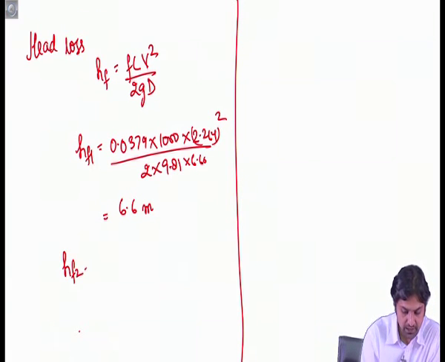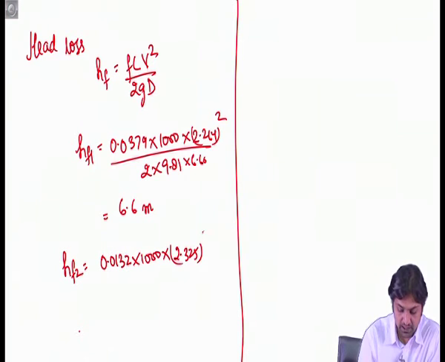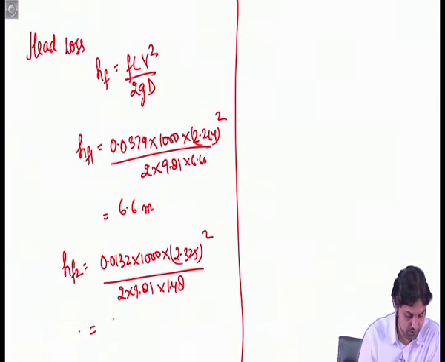Similarly, we will calculate HF2, same formula. The new F was 0.0132 into 1000 into 2.325, the velocity had changed, squared, divided by 2 into 9.81 into 1.48, and this comes out to be 2.450 meter head loss.